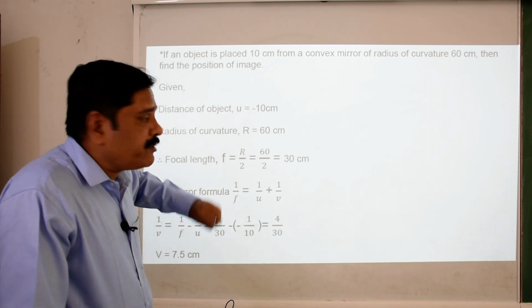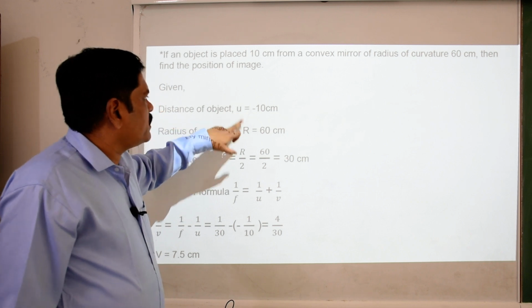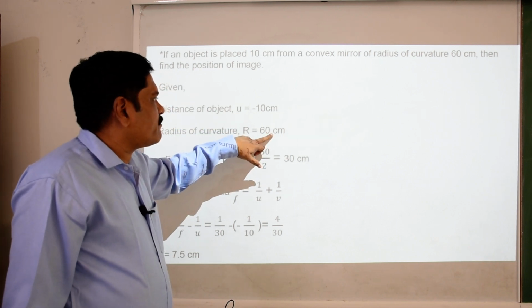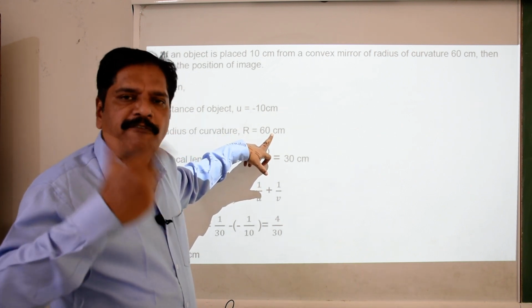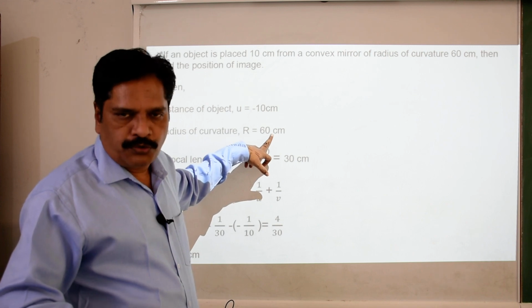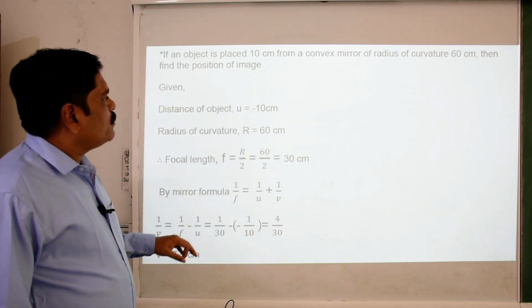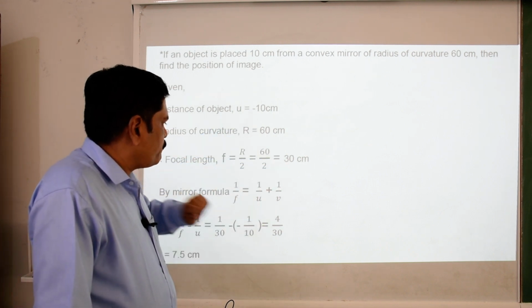You have to find out V. So what is given here? The position of the object is given, and the radius of curvature is given. Using the formula F is equal to R upon 2, 60 upon 2 is equal to 30, right? So you have U and F, and you can find out V, clear?